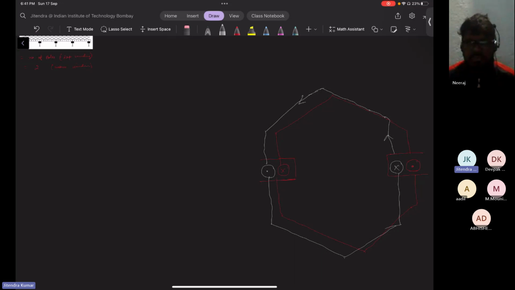So this is how current will flow here. Okay, imagine this is in a plane. Since we have 2D only, but imagine this is in plane.